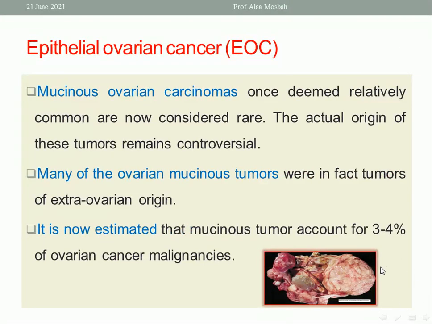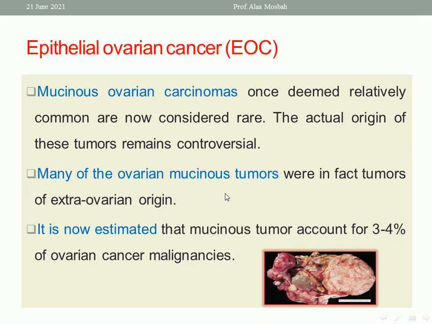What about the mucinous? Mucinous ovarian carcinoma, once deemed relatively common, is now considered rare. The actual origin of this tumor remains controversial. Is it coming from other organs like the GIT, like the appendix or whatever, and not the primary origin of the ovary, or does it come from another origin?